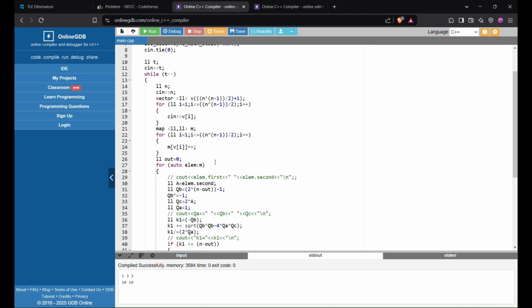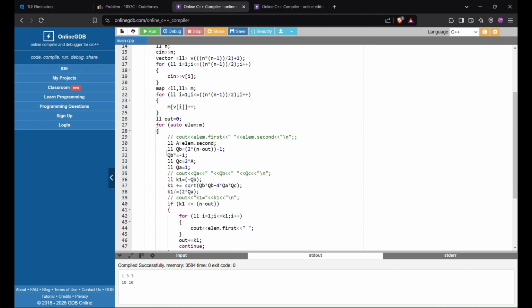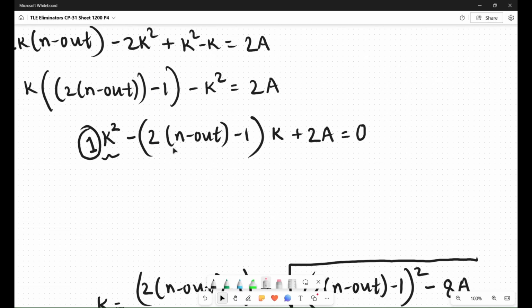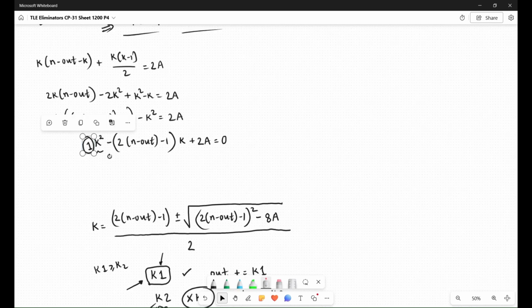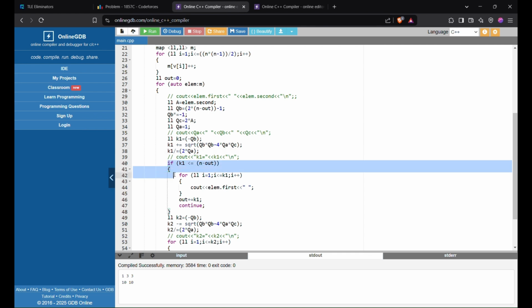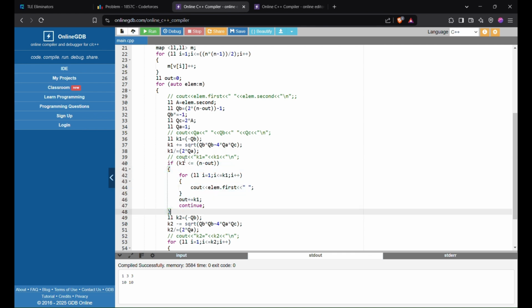Moving forward, we assign QA, QB and QC to the corresponding values. Here you can see that QB is the negative of this value, QA is 1 and QC is 2A. I calculate K1, and if I can output the element K1 times, I will output it and increment the out variable with K1.